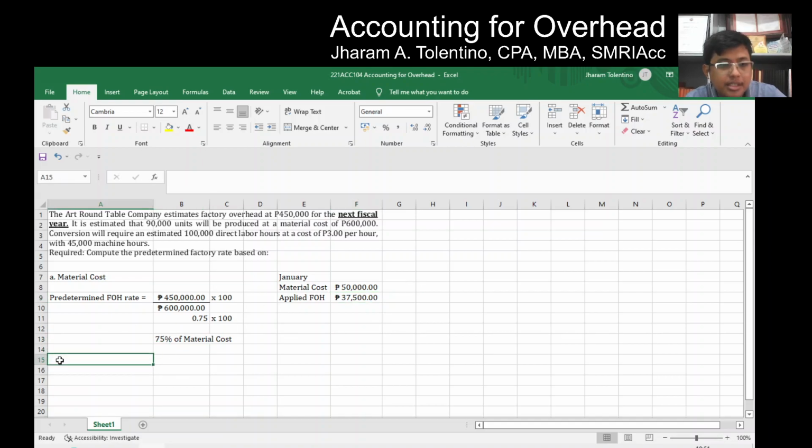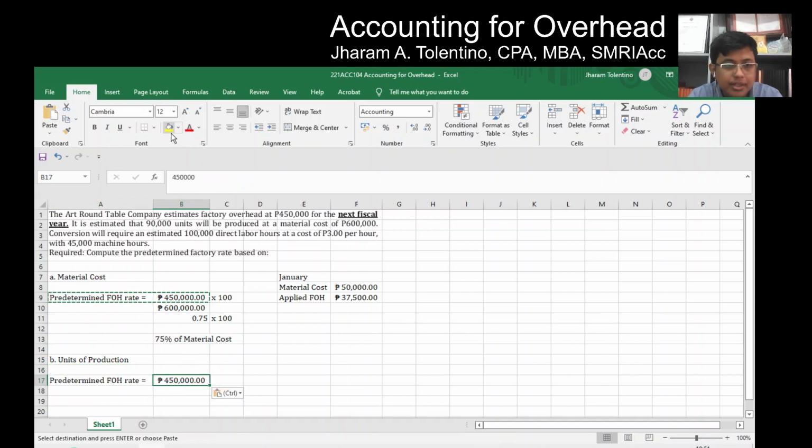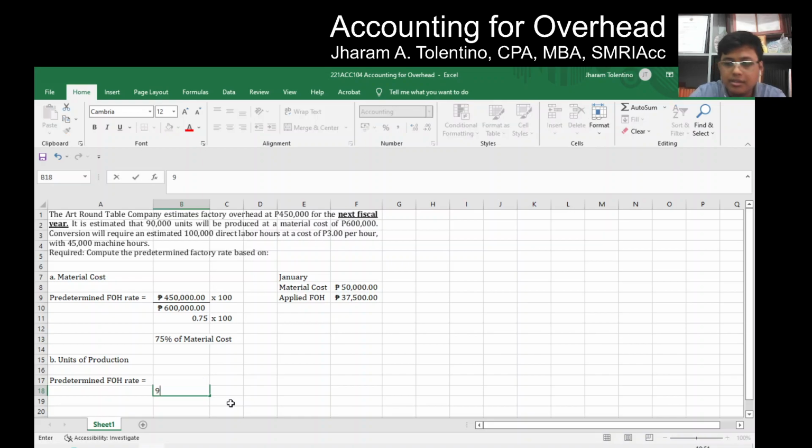Okay? Next, letter B. Number of units of production. Very simple lang nito, guys. Paulit-ulit. So, copy lang natin to. That's 450,000 divided by number of units. The number of units we have is 90,000 units. Okay, so hindi siya peso.